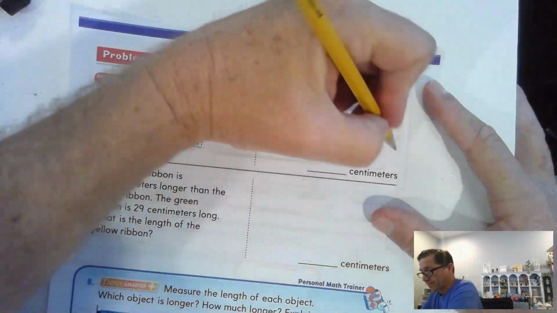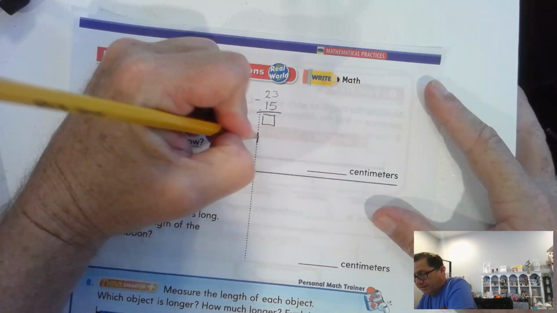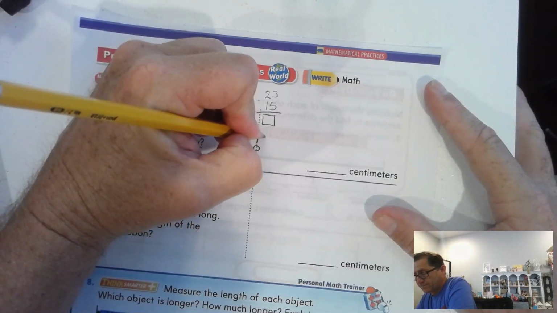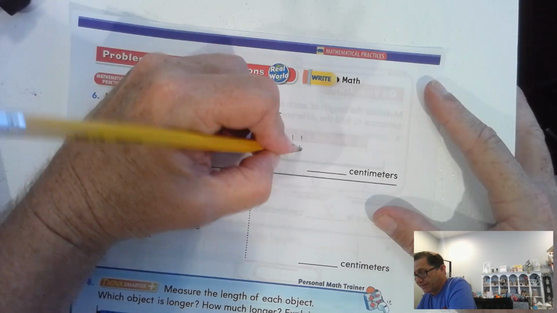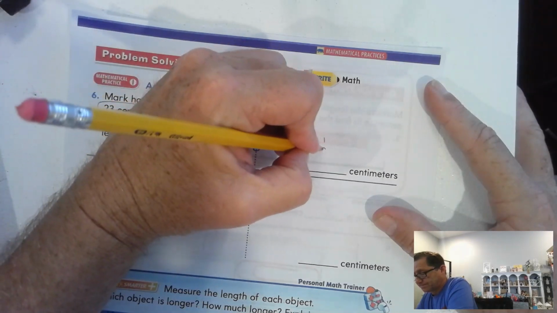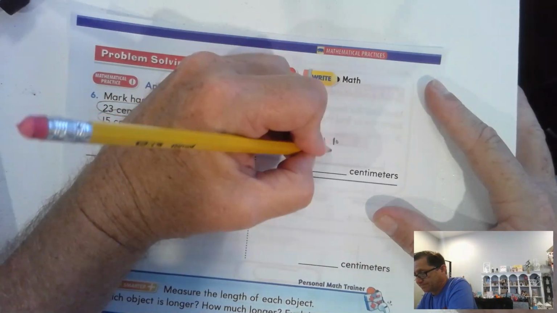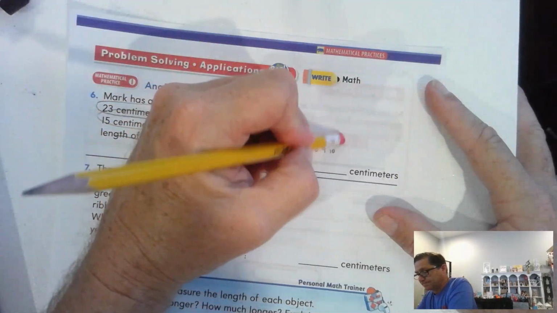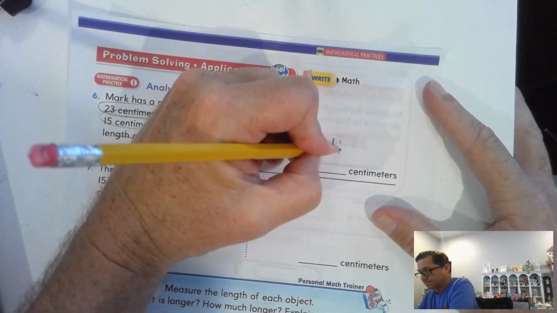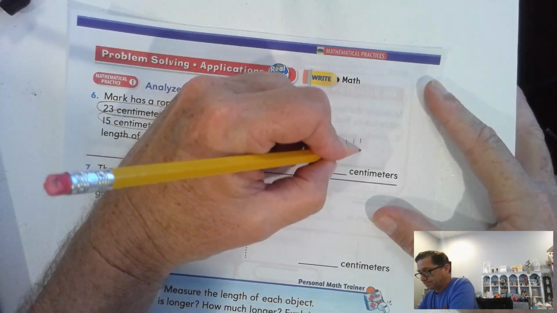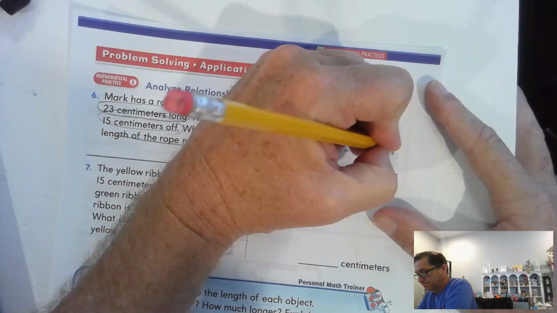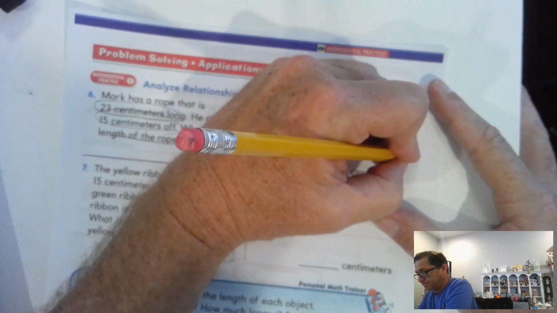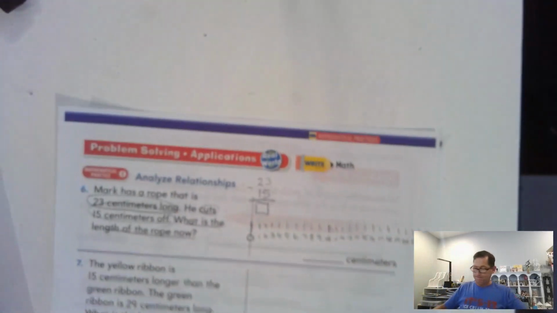We can use a diagram. If we start at 0, 1, 2, 3, and we're going to keep going until we get to 23. So we reached 23.